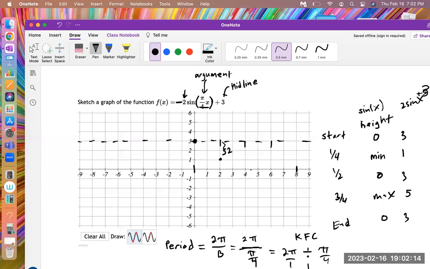And then halfway through is going to be at 3, back at 3. And then 3/4 of the way through, it's at 5. And then all the way back to 8, we're at 0 again, or the new 0. I call it the new 0, 3. Okay, and so this is our graph. It's going to look like this.